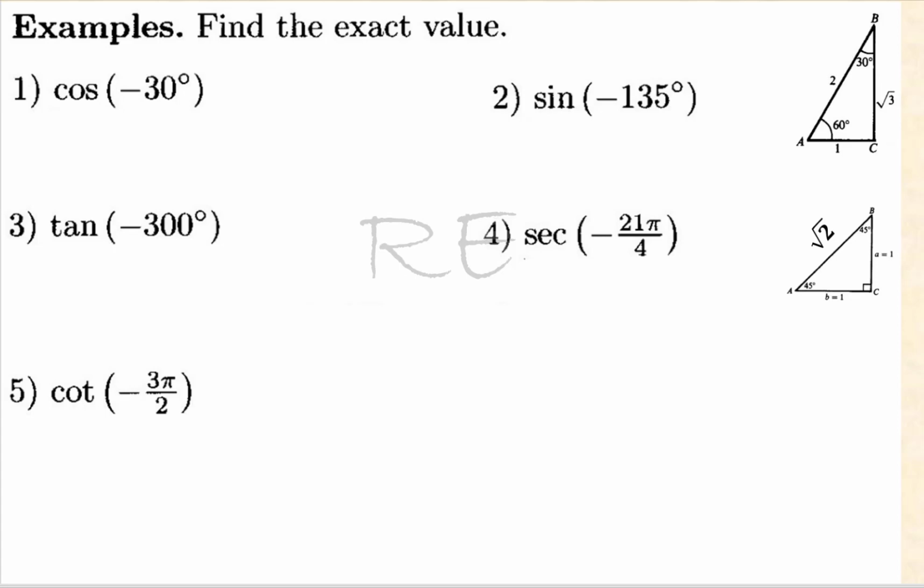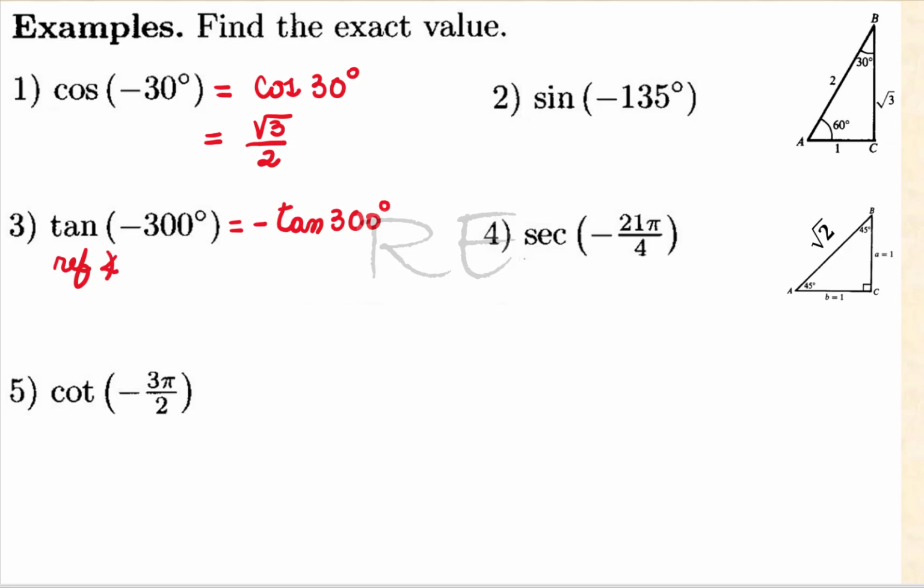We're going to find the exact value. All these angles are negative. Now we know that cosine of negative 30 is equal to cosine 30, and cosine 30 from the reference triangle is square root of 3 over 2. Tangent of negative 300 is equal to negative tangent 300. Tangent is odd.